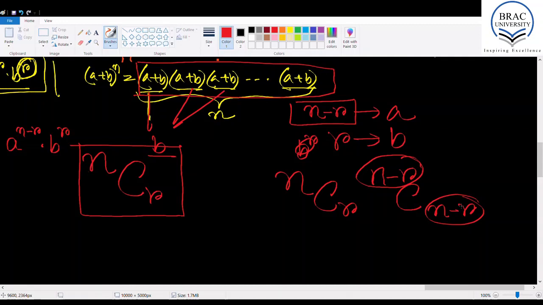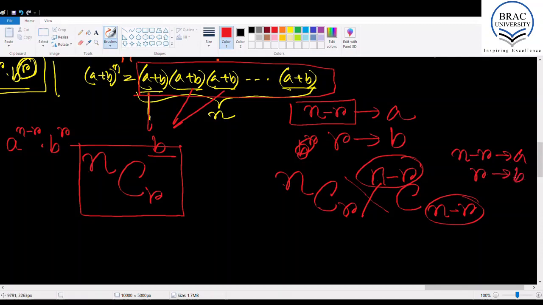This can be divided into two tasks: taking b's from r factors, taking a's from n minus r factors. So these two tasks must be done. So from the product rule of the counting principle, we can say that there will be total nCr into (n minus r)C(n minus r) ways to choose n minus r number of a's and r number of b's, right?